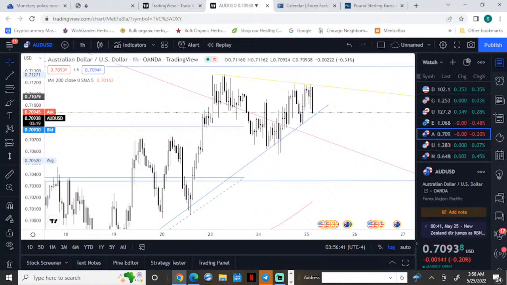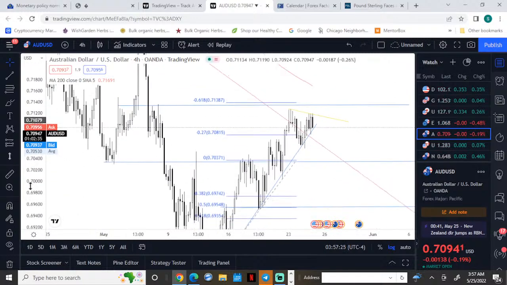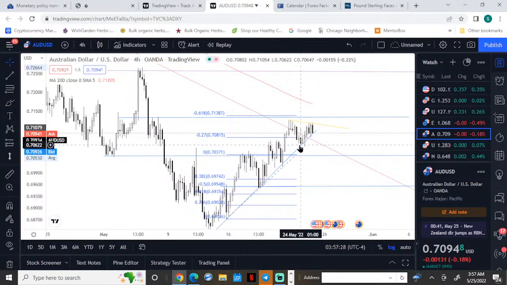Give me one moment. All right. So, in order to say that we are in a sell officially and price has turned around, I need to see a break of structure of this higher low point right here and price to retest.